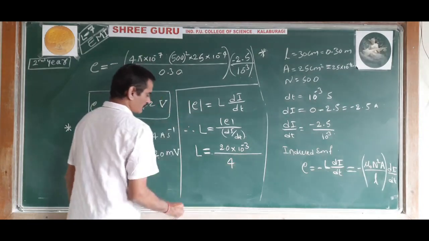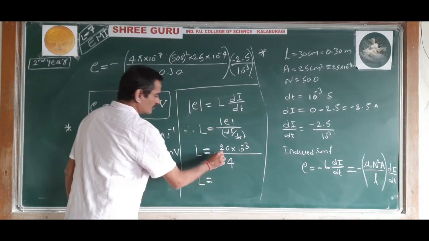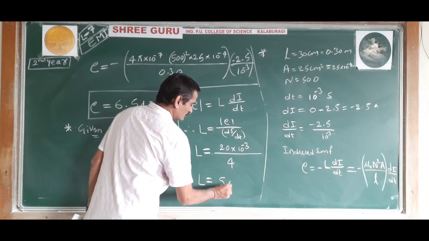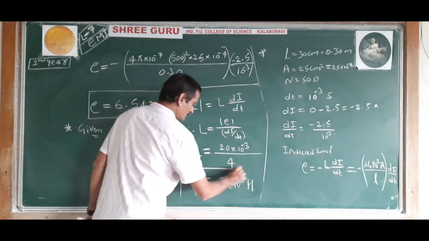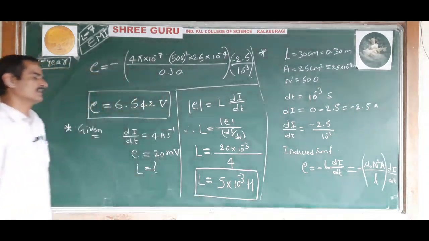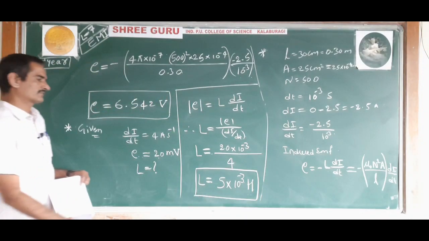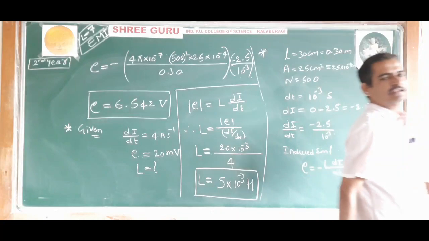So 20 divided by 4 is 5. So L is equal to 5 into 10 to the power minus 3 Henry, that is 5 millihenry. The self-inductance of the solenoid is 5 millihenry.